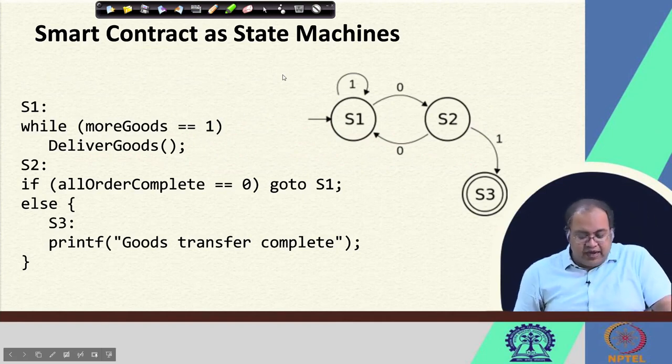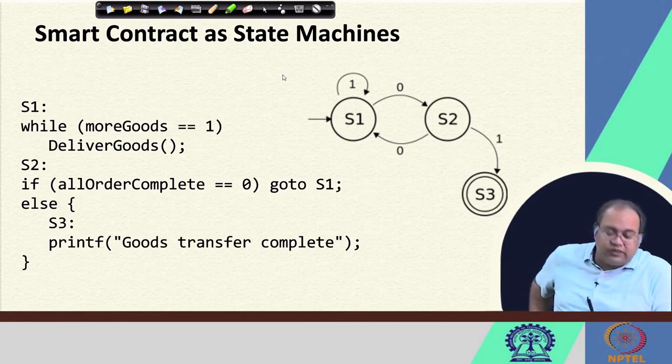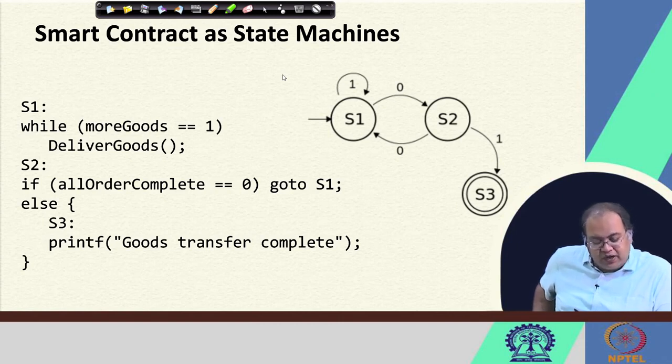So, here is an example, a simple state machine. I have a code here, and the code is checking whether I have more amount of goods. If I have more goods, I will keep on delivering the goods. Once I am out of this state, that means I have delivered all the goods. Then I will check whether all the orders are complete or not.